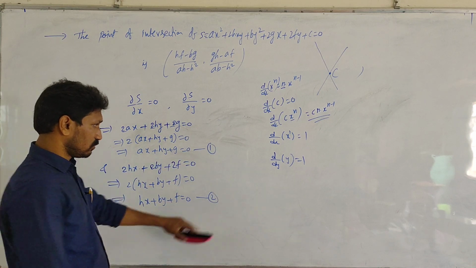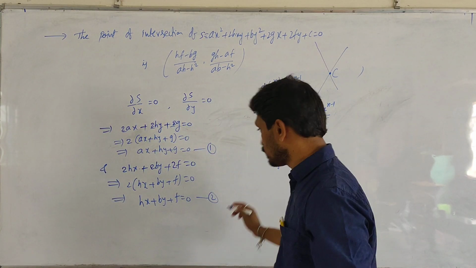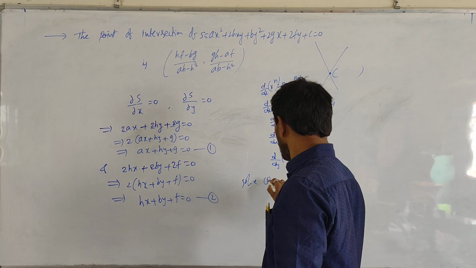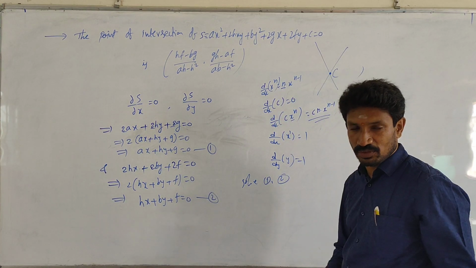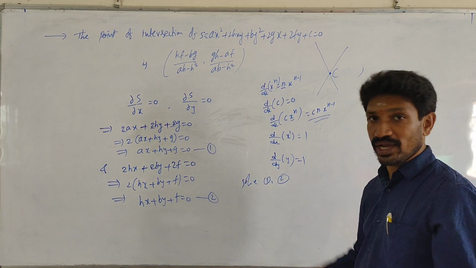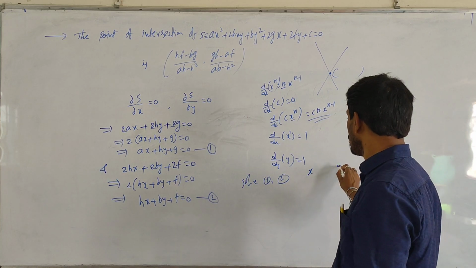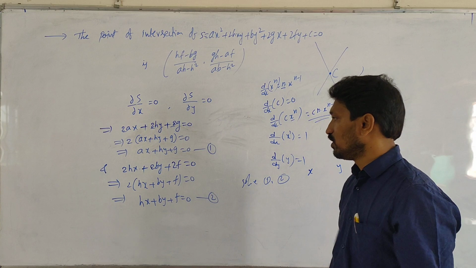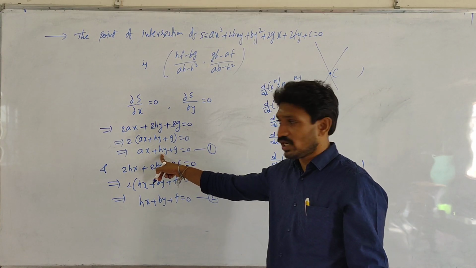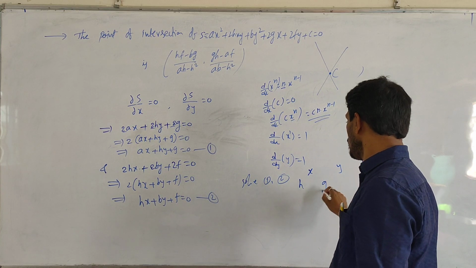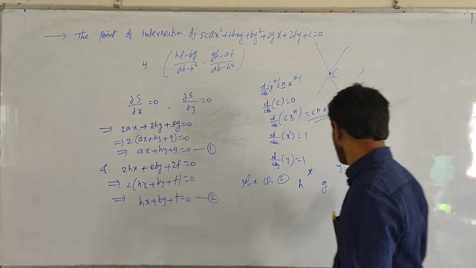If you solve these two equations, you can use the elimination method, the cross multiplication method, or the substitution method. I am doing the cross multiplication method here. X, y, constant. You start from the y coefficient, that is h, g, a, h.